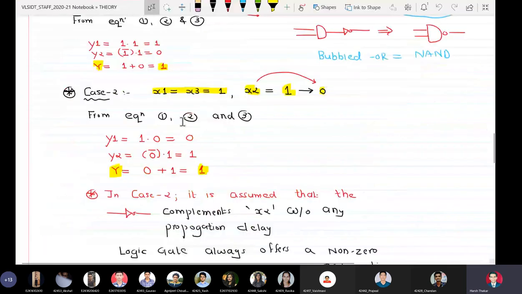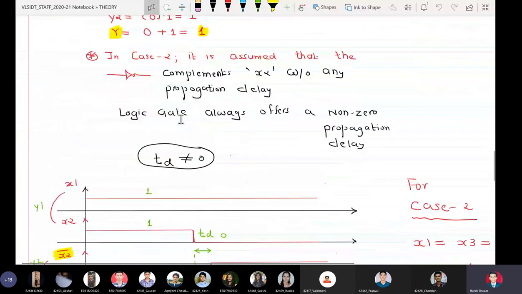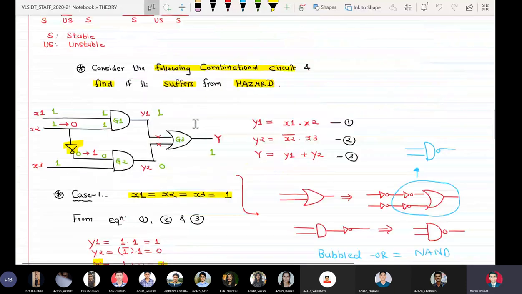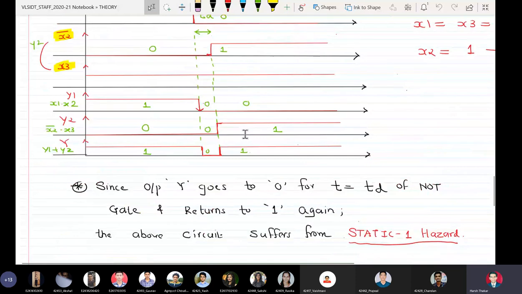We remember that we started with hazards, and this is where we said that in this particular circuit, which does x1 ANDed with x2 and x2 bar ANDed with x3, after analysis we found out that it is suffering from a static 1 hazard.